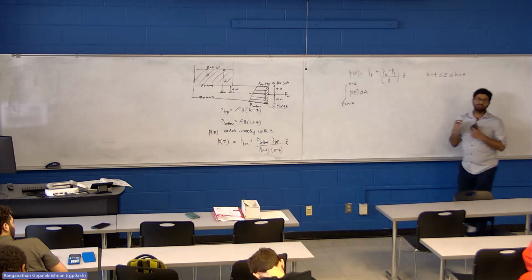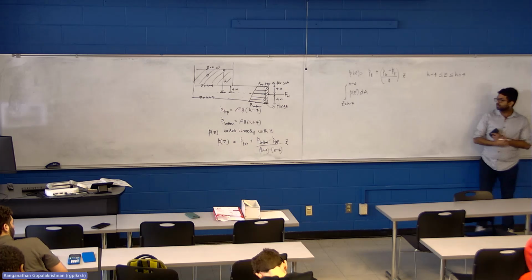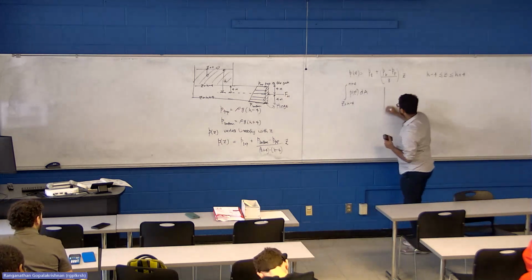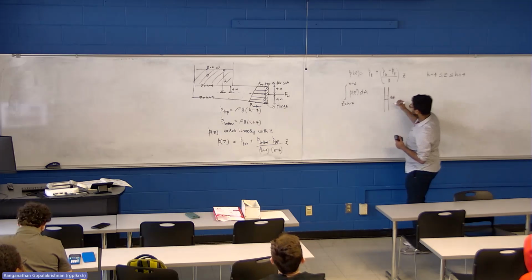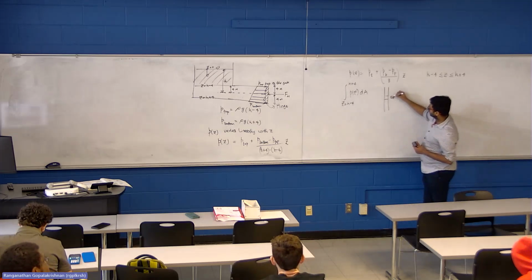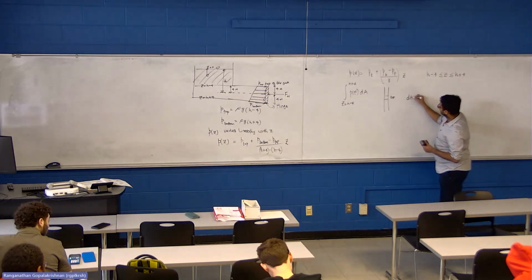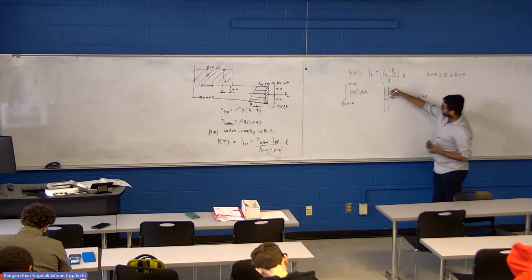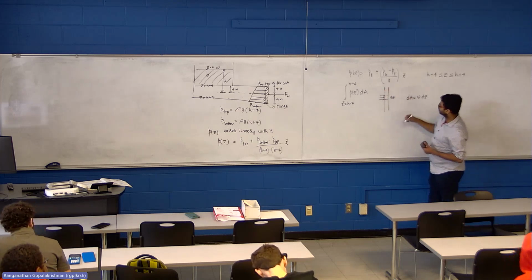Does this expression click with you? Yeah? I take a small element whose height is dz, and its width comes out of the plane of the paper. So the area element is W times dz. And I do know that for this little element, I can consider the pressure to be uniform.